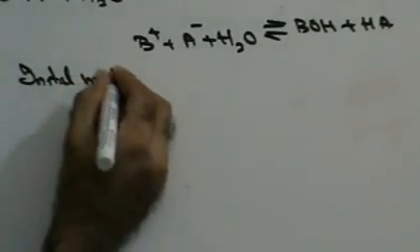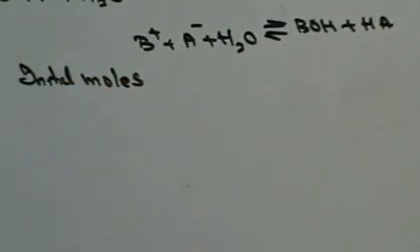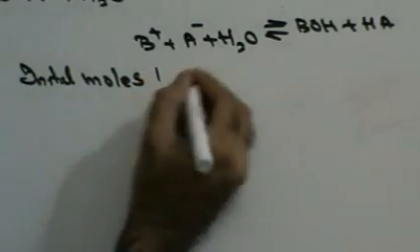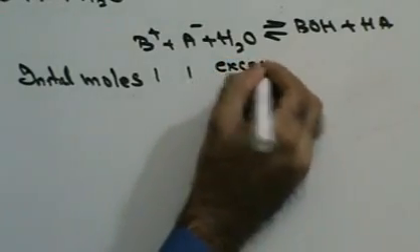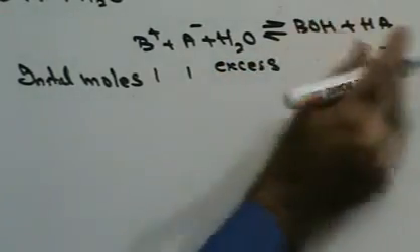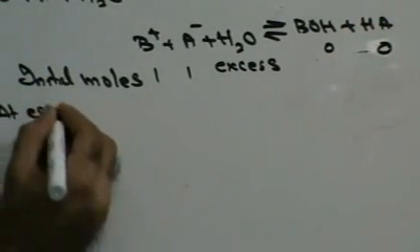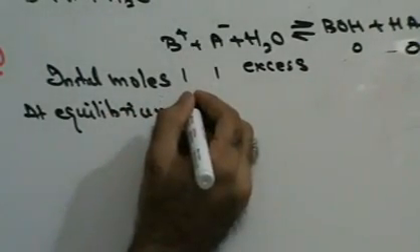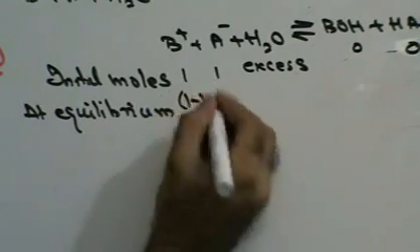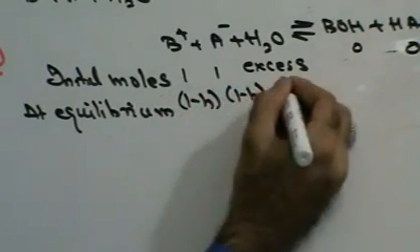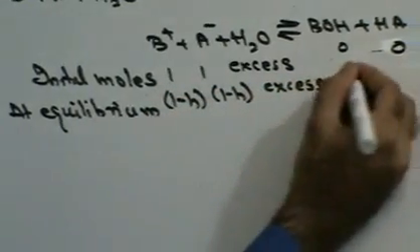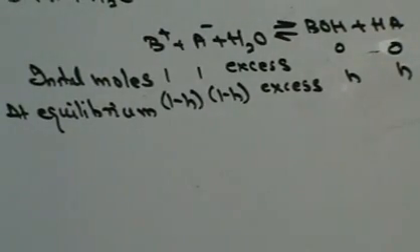Initial moles: you have 1, 1, water is present in excess quantity, and this is 0 and 0. Reaction has been started. At equilibrium, degree of hydrolysis is H, so you will have 1 minus H, 1 minus H, water in excess quantity, H and H, right?